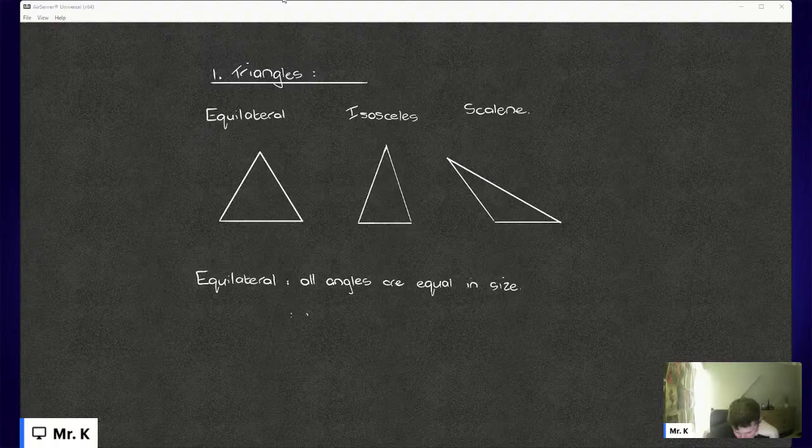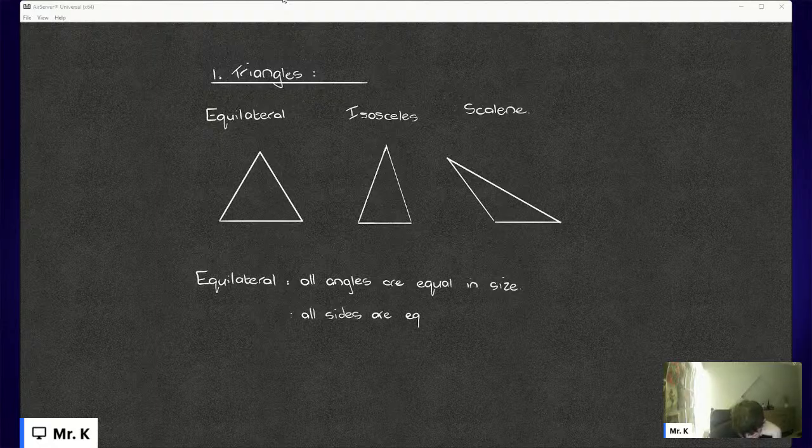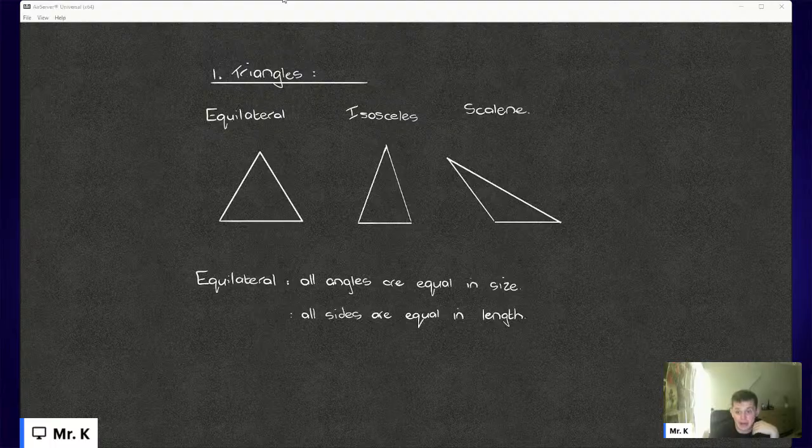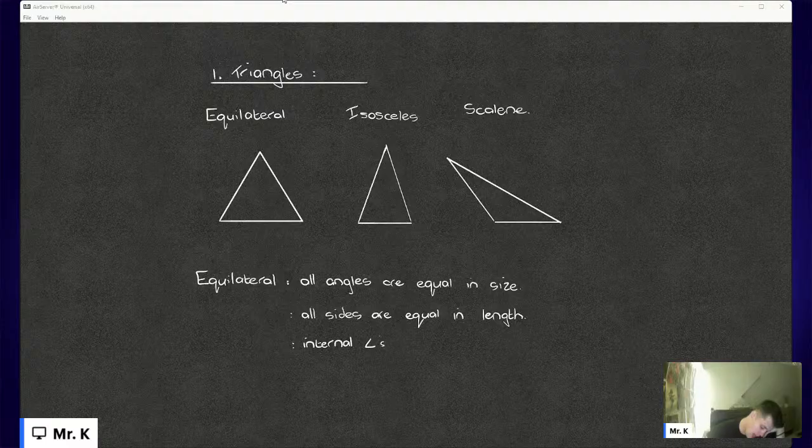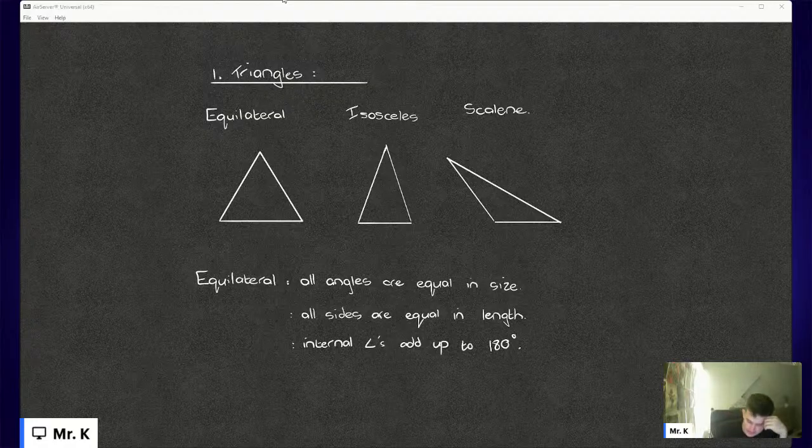Secondly, all sides are equal in length. And you guys should know by now that the internal angles of a triangle add up to 180 degrees. The internal angles of a triangle must always add up to 180 degrees.